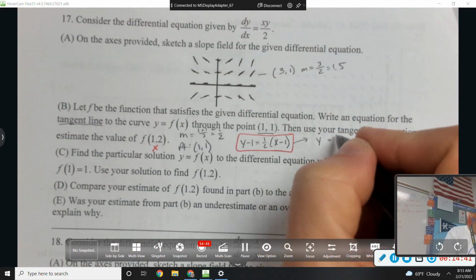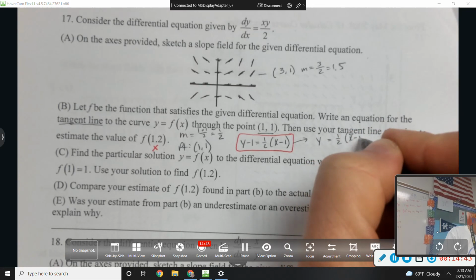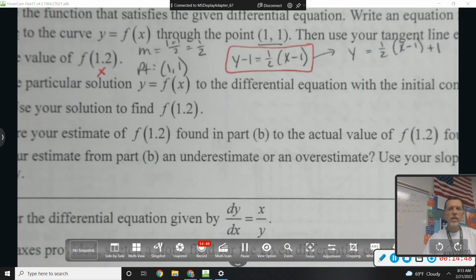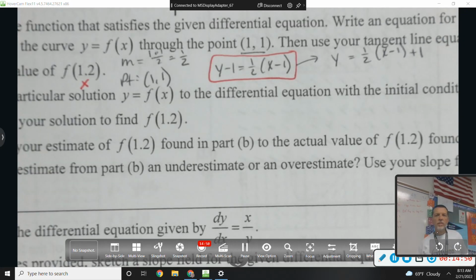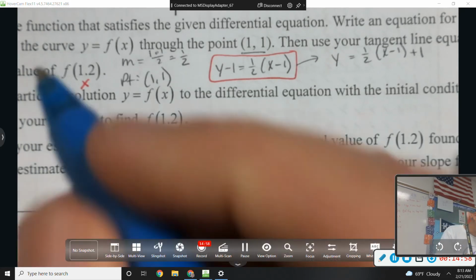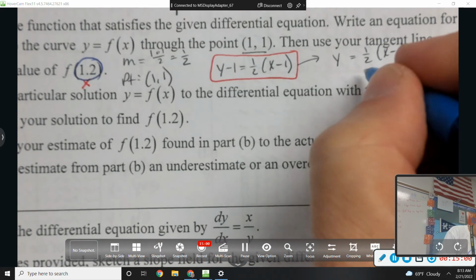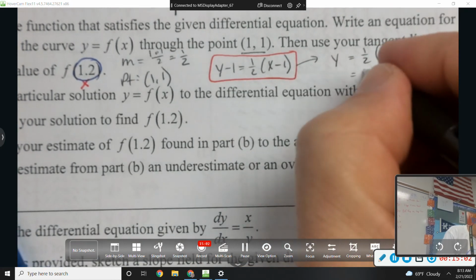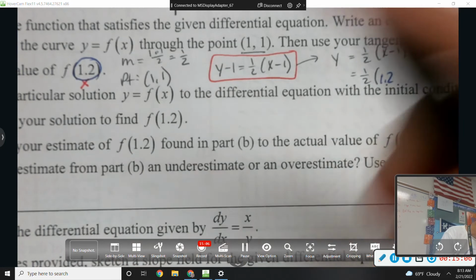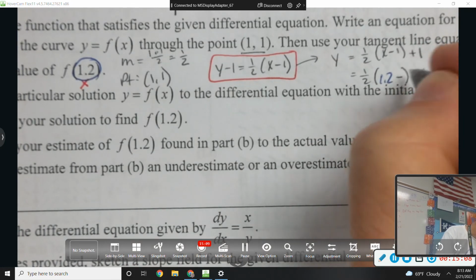First I'll solve it for y. So just move the 1 over. And then I'll substitute in 1.2. So 1/2 times (1.2 minus 1) plus 1.